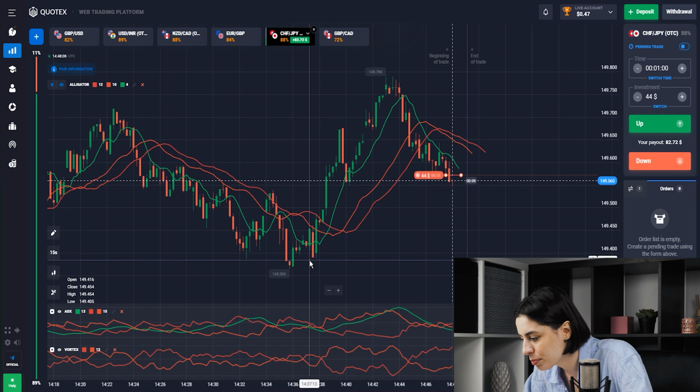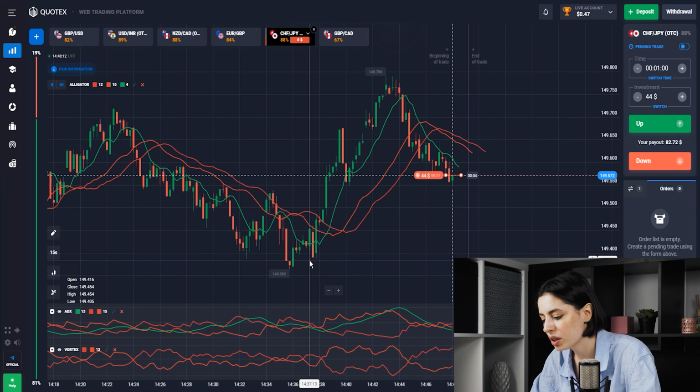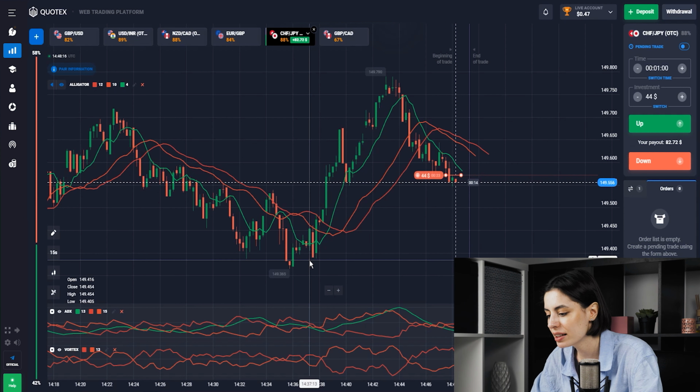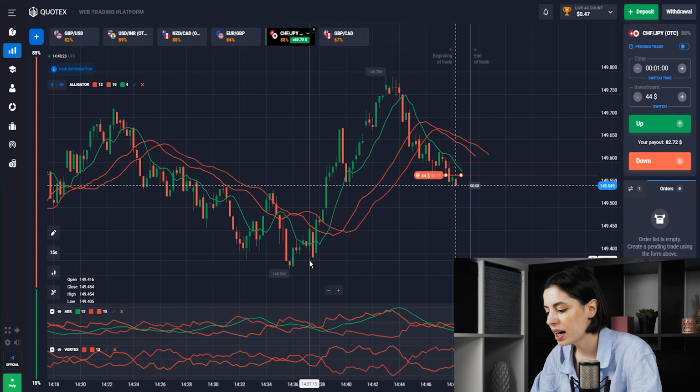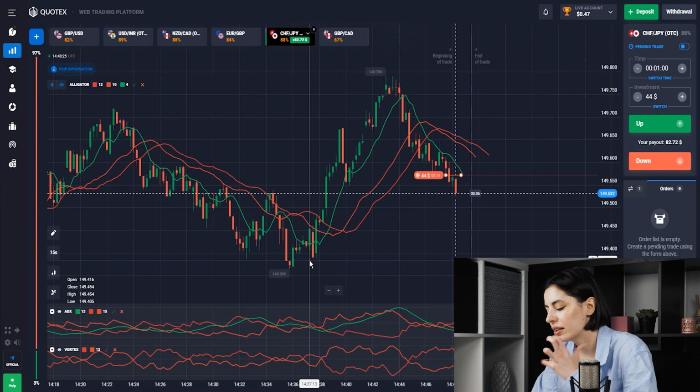But 80x in that case is more about the candles, and on 1 minute these two, the alligator and the Quotex, are quite enough to make that bet. But all that I'm telling is just for this exact situation.